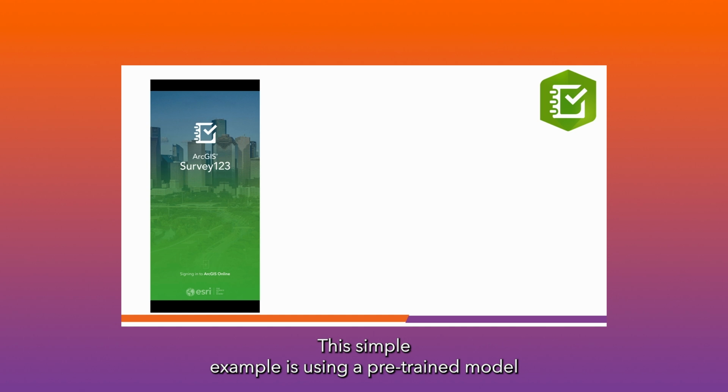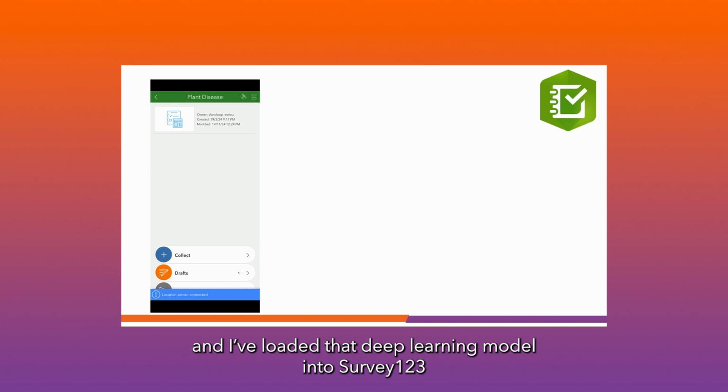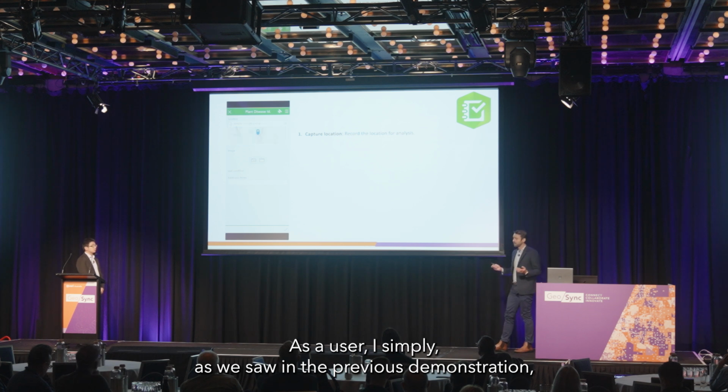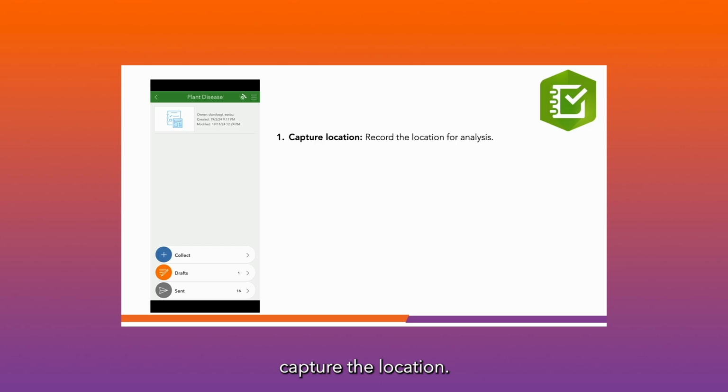This simple example is using a pre-trained model of about 10,000 healthy and diseased tomato plants, and I've loaded that deep learning model into Survey 123. As a user, I simply, as we saw in the previous demonstration, capture the location. I can then capture the image of a tomato plant.